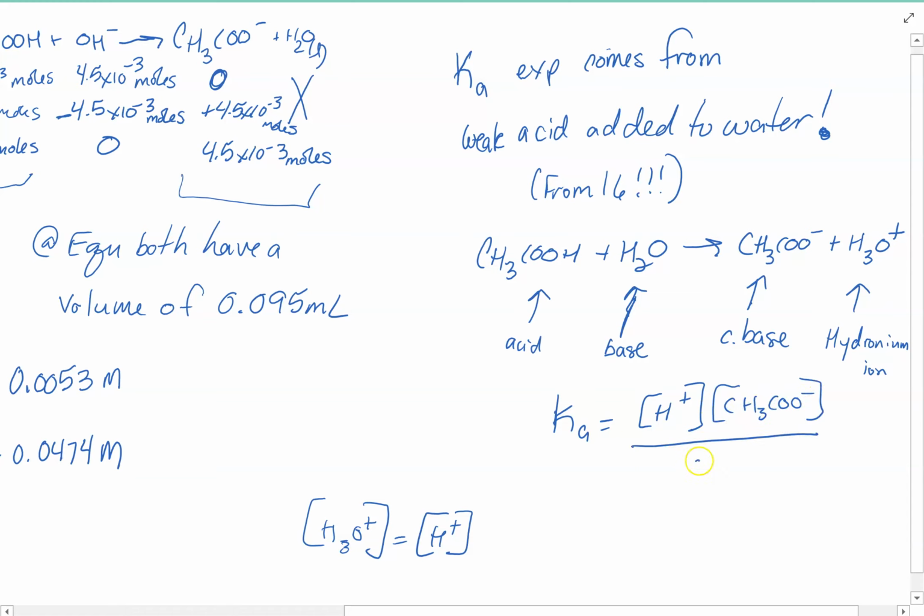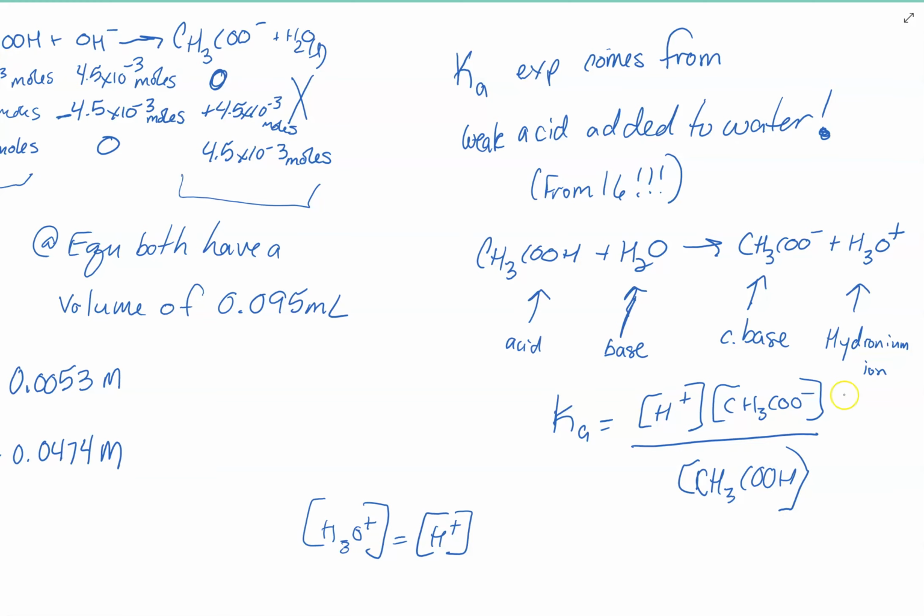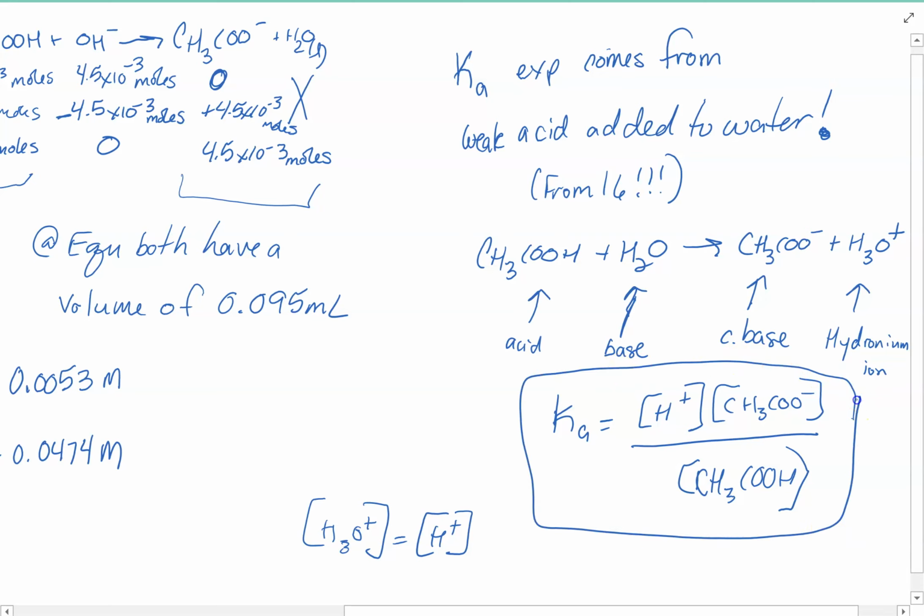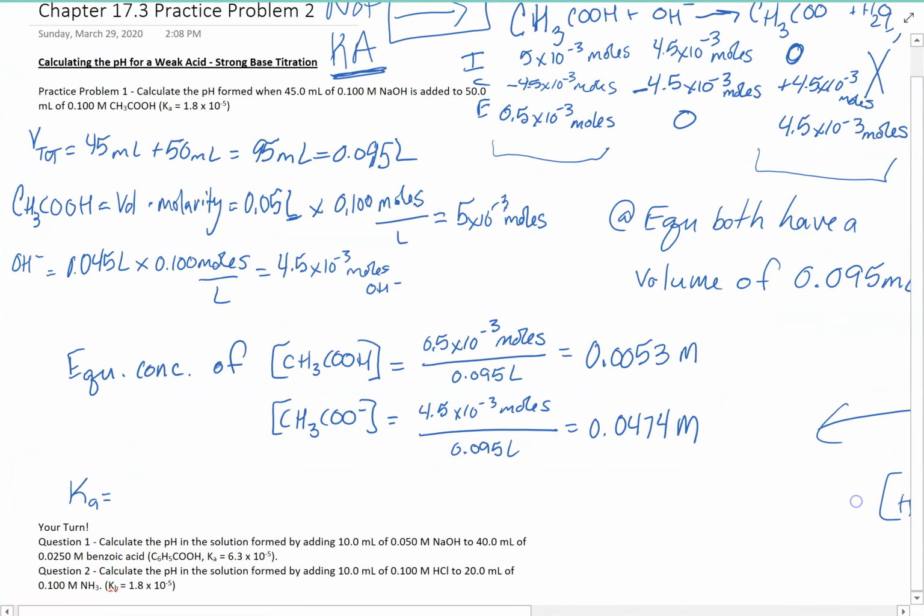So then we're going to write out our expression. And we were given the Ka at the start of this problem, right? We were told certain things that give us information. So we're going to use this next with our equilibrium concentrations of these two to calculate what this one would be. So the unknown is the H+.